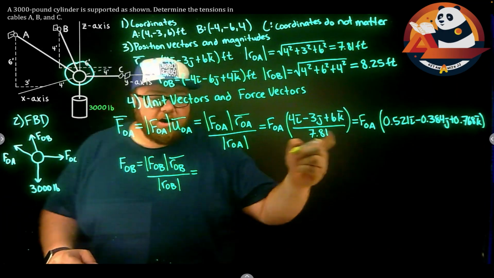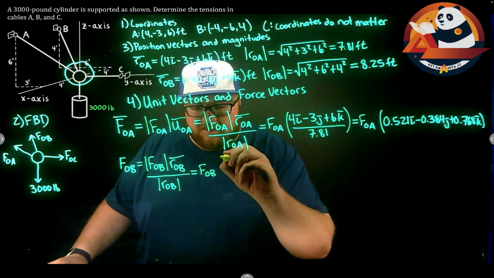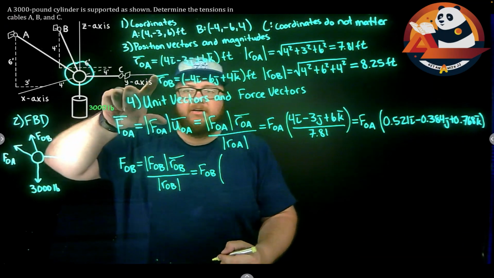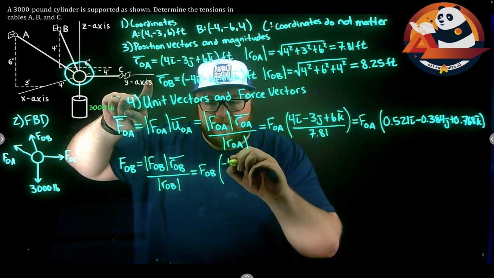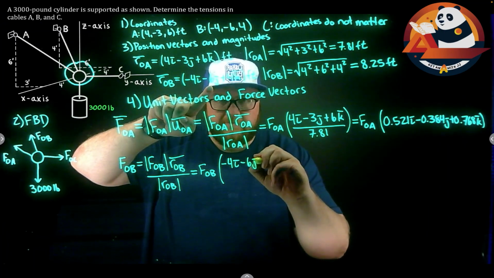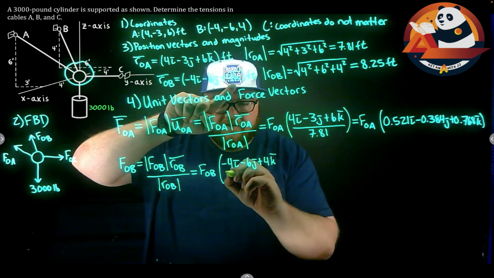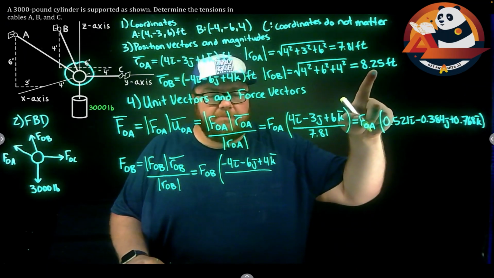Or this is, again, our unknown FOB times our position vector, ROB, negative 4I minus 6J plus 4K divided by the magnitude, 8.25.